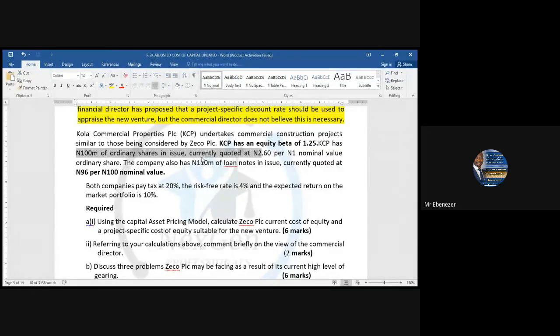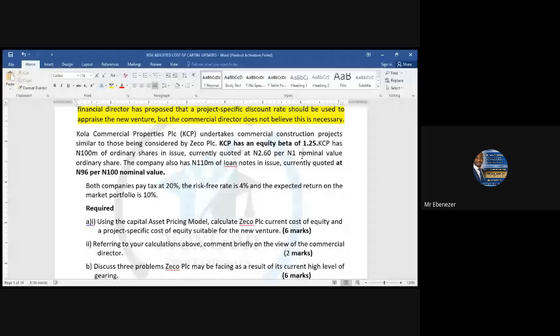And the value of ordinary shares is given to us in this question to be 100 million. The nominal value is given as 1 naira. If I divide 100 million by 1 naira, it will give me the number of shares. Is that not so, class?